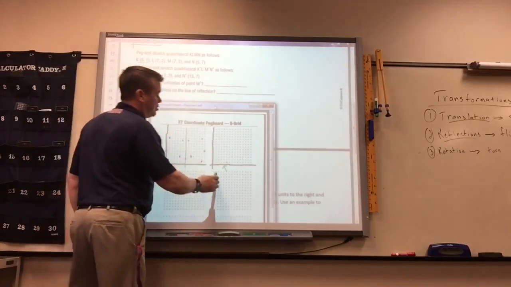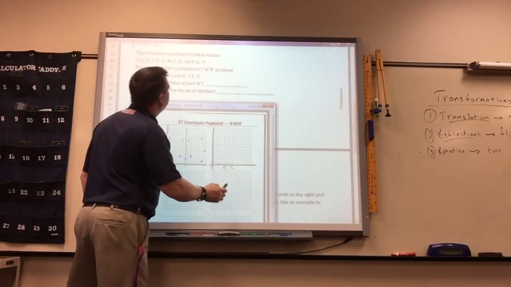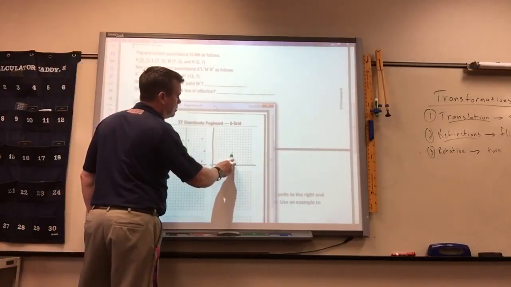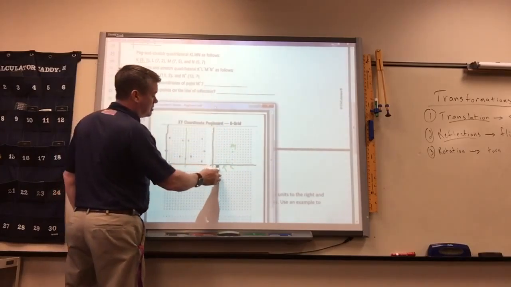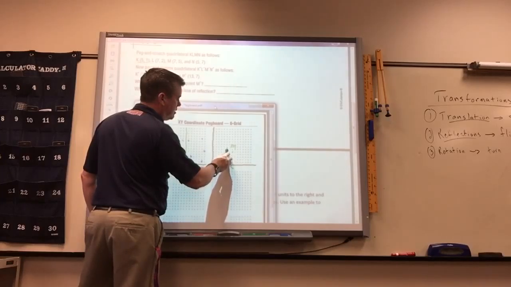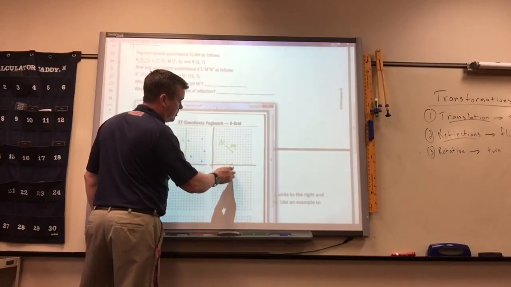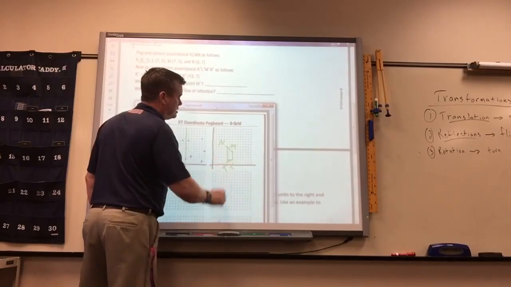L is 7 over 2 up. M is 7 over 5 up. And N is 5 over 7 up. It is a trapezoid, just like the one we did on our worksheet.